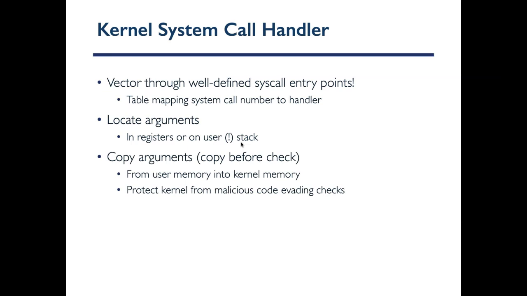The operating system has to copy those arguments to its own stack first, and then check them again. The reason we don't check the arguments in the user space and then copy them is because you could check them there and everything is fine, but before the operating system copies them into its memory, maybe another thread from that process will alter them.